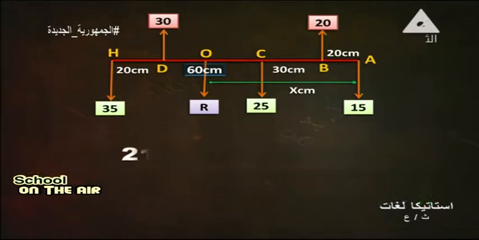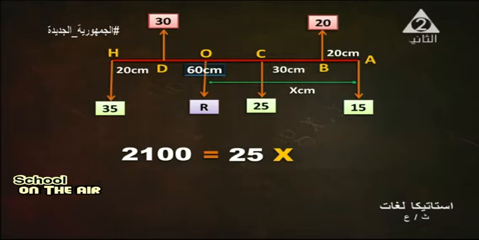To calculate the length of x, divide 2100 by 25. The answer is 84 centimeter. Then, my dear student, the resultant R equals 25, at a distance 84 centimeter from the point A.